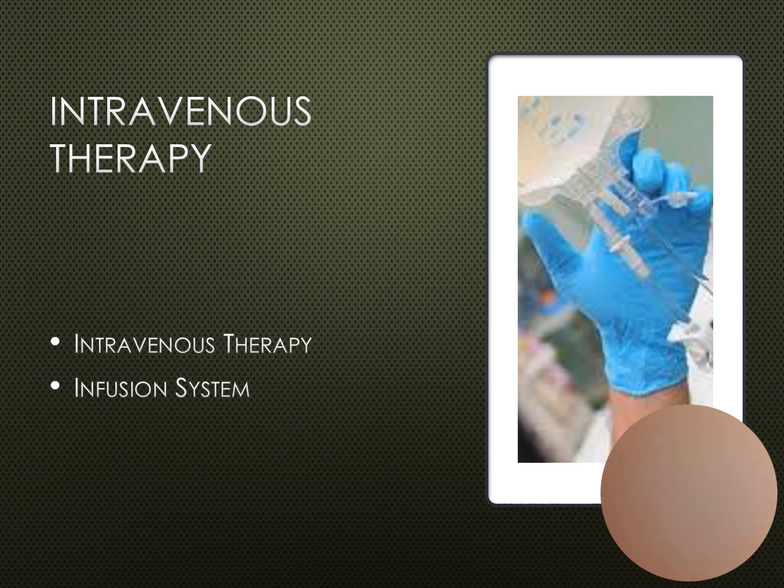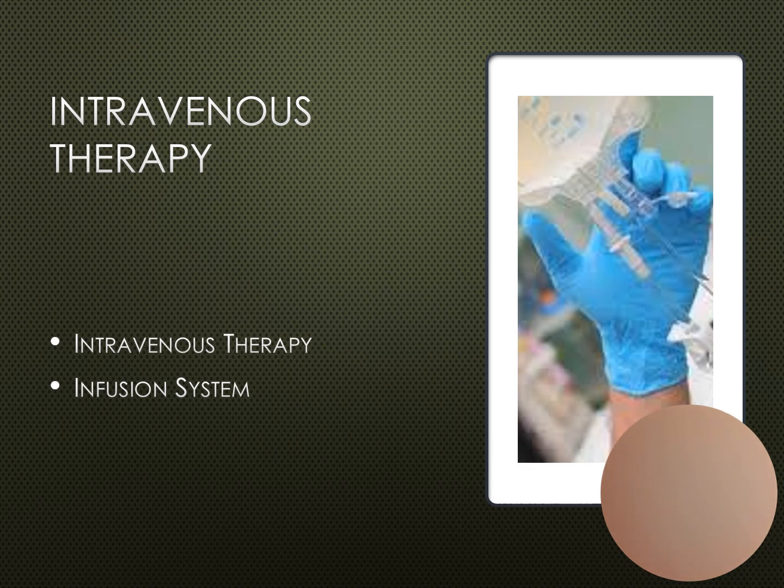The administration set is the tubing that attaches to the solution container and connects to the IV access device. It is available in different lengths and diameters, but all should contain a drip chamber, roller clamp or slide clamp, an insertion spike, and a male luer connection, except for something like your extension tubing.